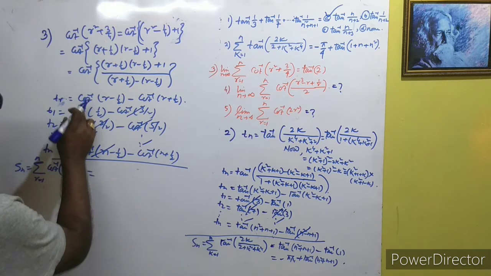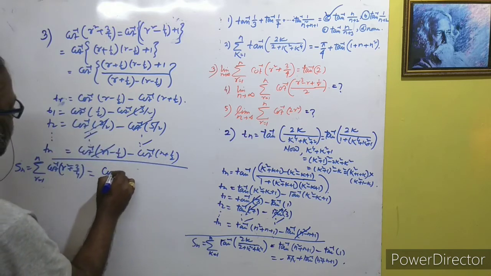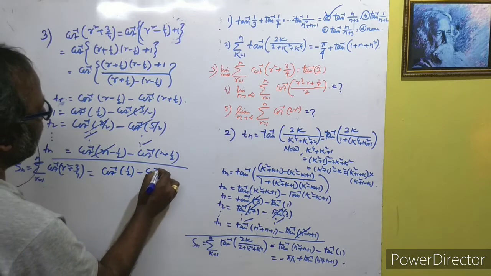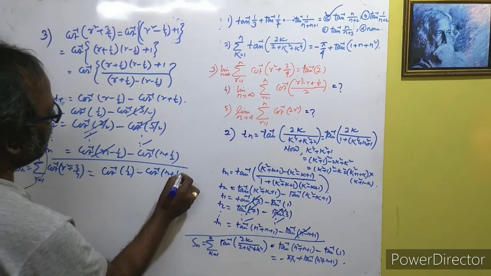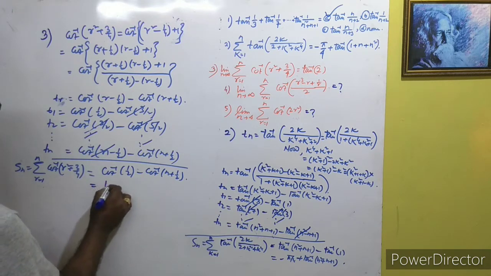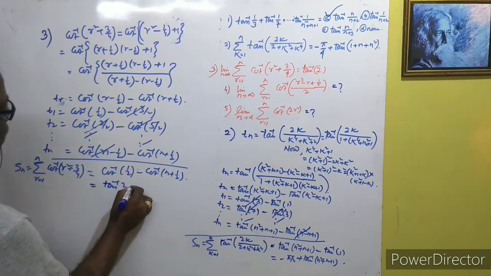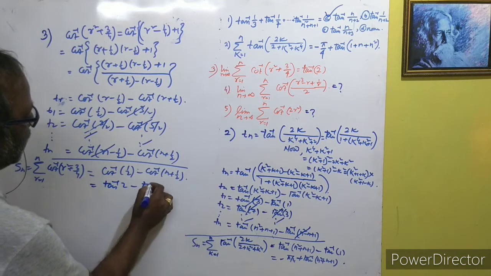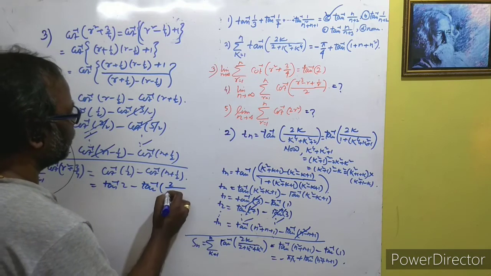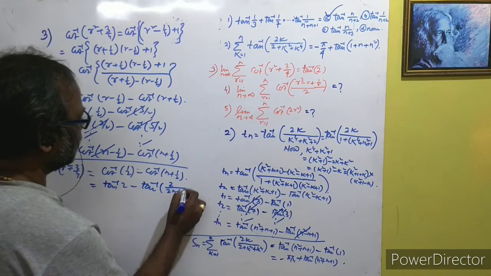So now left hand cot inverse half, and this also, so cot inverse half minus cot inverse n plus half here. Okay, now we have to find that is there tan inverse 2, their answer is. Okay, now we can write here like it is tan inverse 2 and it is tan inverse, if you take LCM, that is 2 here, so this is 2 by 2n plus 1.